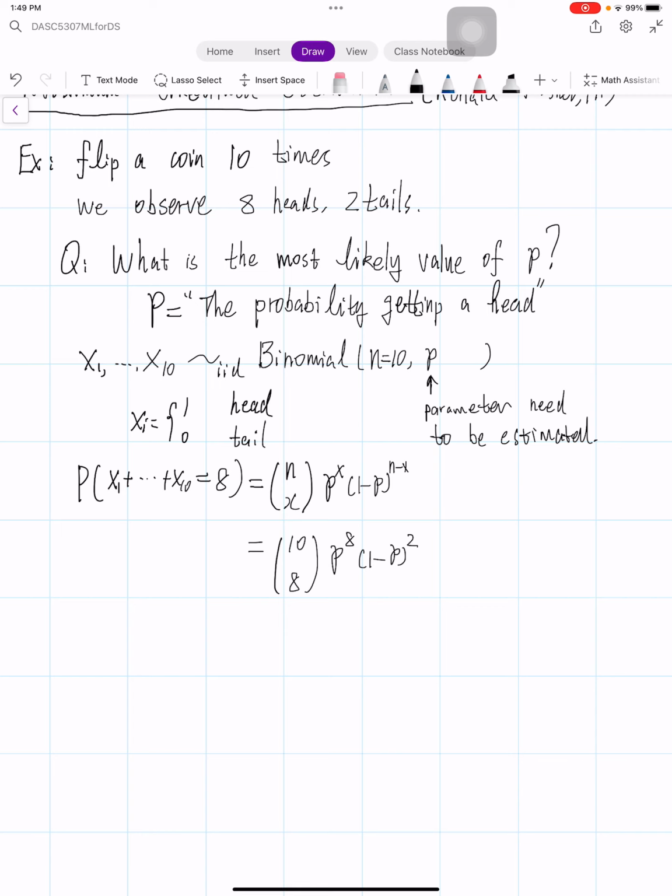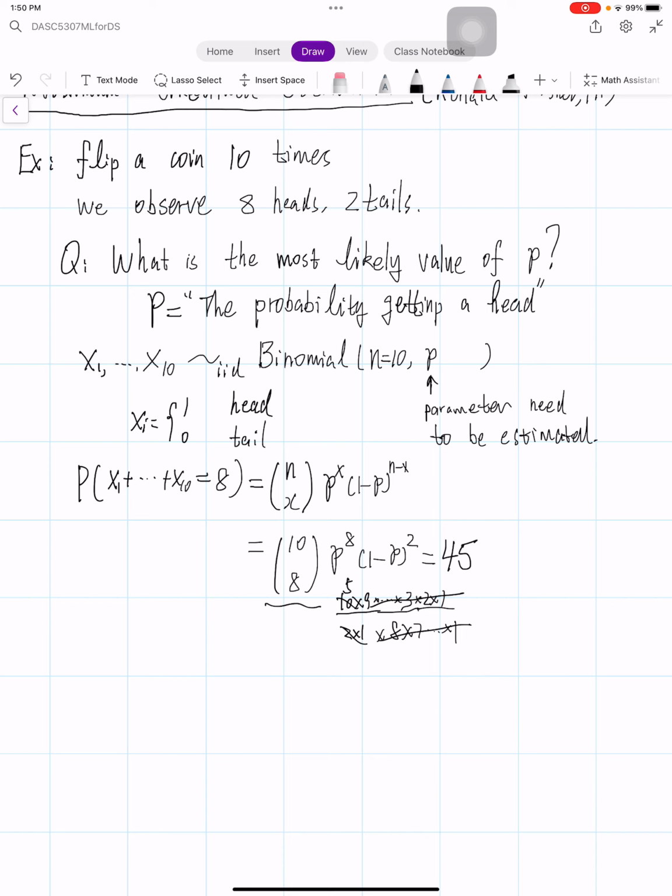We can calculate this one: 10 times 9 over 2 times 1, which simplifies to 45.